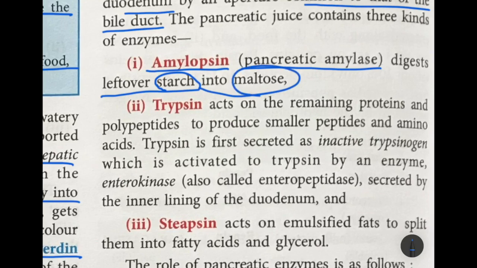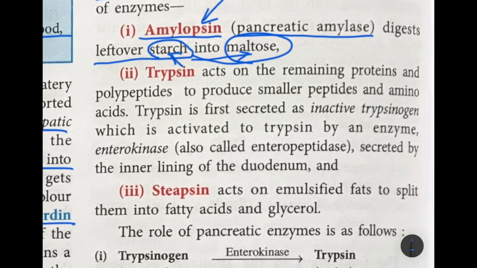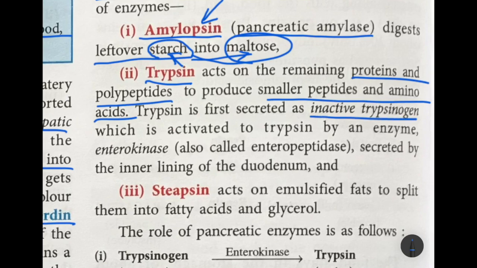So what is the enzyme? Amylopsin. What is the food part it acts on? Starch. And what is the end product? Maltose. Next is trypsin, which acts on remaining proteins and polypeptides to produce smaller peptides and amino acids. Remember, amino acid is the final product of proteins. Trypsin is first secreted as inactive trypsinogen, and it is activated to trypsin by an enzyme which is known as enterokinase.